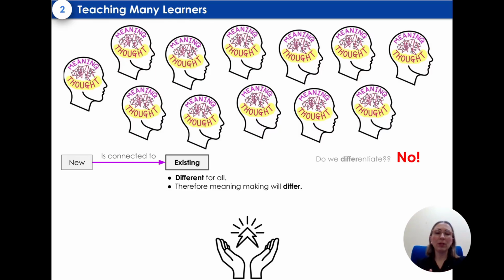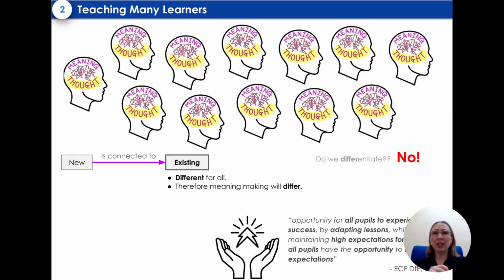What we really want is the opportunity that all pupils will be successful, but holding them all to the same high expectations and the same goals, and believing ourselves and helping them to believe that they can all reach those goals. And they may need different levels of scaffolding to get there, and they may need different feedback, but we enable them to all get to that success if they work hard. And this is adaptive teaching.